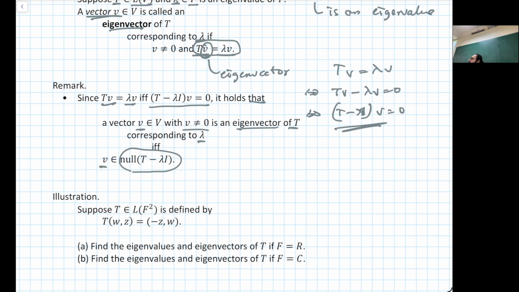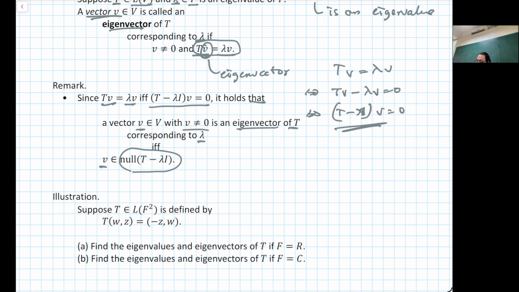Applying T minus lambda I to V, I can split it, open the parenthesis, so T of V is equal to lambda V. That's exactly it. Very good. Okay, got it?